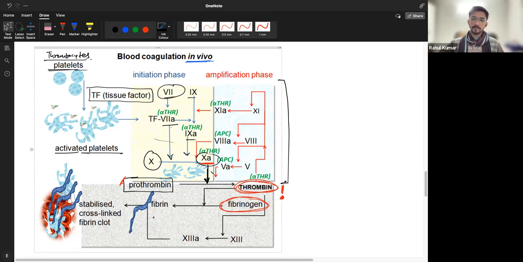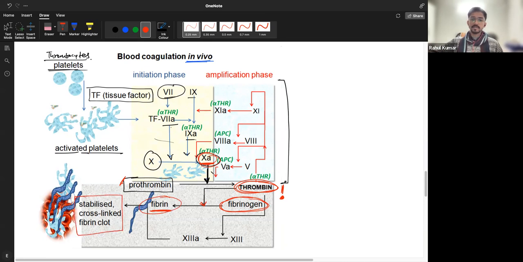So fibrinogen gets activated into fibrin, the active form, by this thrombin, and thrombin got activated through this factor 10A. When fibrinogen becomes fibrin, then what happens? It stabilizes. All these fibrins are fibrous, they go into the region where the injury is, and they get cross-linked. They make a cross-linked mesh network, which is known as the fibrin clot.